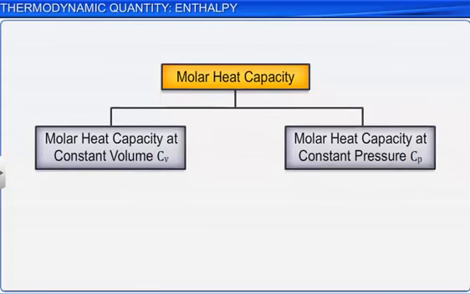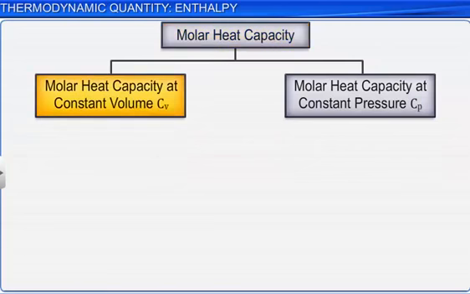We learned that the equation for heat Q is the product of heat capacity and change in temperature delta T. Therefore, at constant volume, heat Qv equals the product of heat capacity at constant volume Cv and change in temperature delta T. But the heat absorbed at constant volume is equal to change in internal energy. Thus, Cv into delta T can be written as equal to delta U.